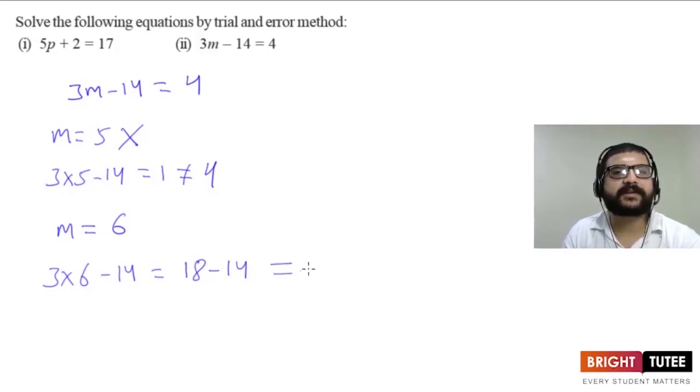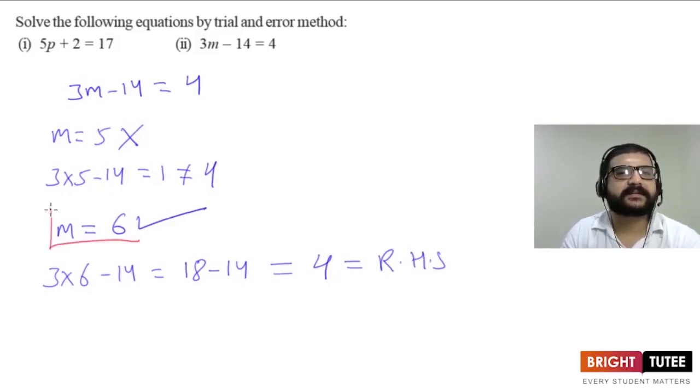Now 18 minus 14 is equal to 4. Now our RHS is also 4. So what are we getting? The value we are getting for LHS is equal to RHS. Hence this value of m is satisfying the equation. Hence the solution for the second equation will be m is equal to 6.